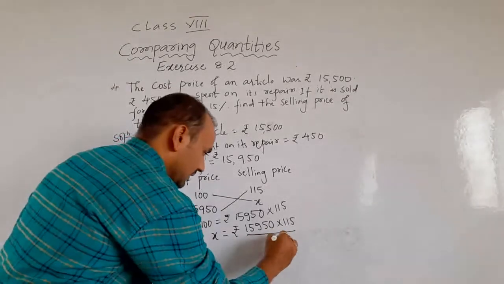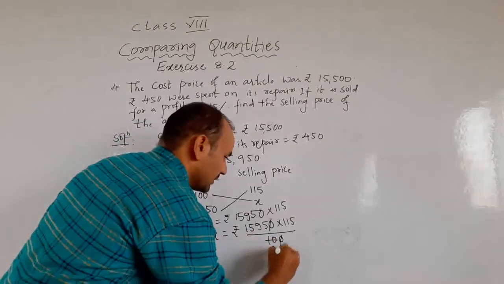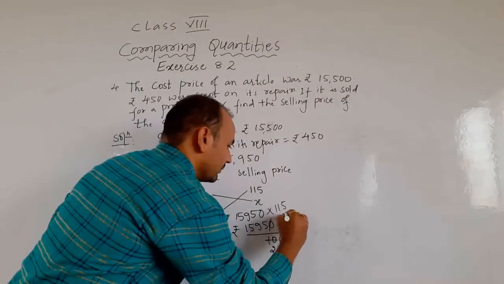Let us cancel the zeros: 5 2s are 10, 5 2s are 10, 5 3s are 15.